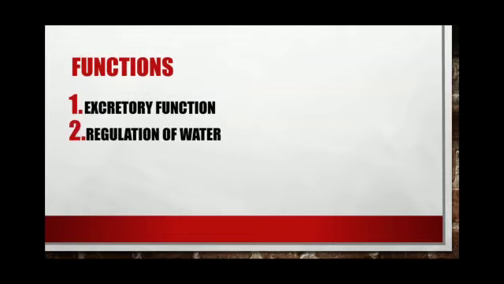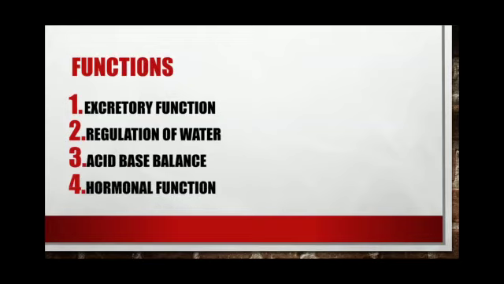Regulation of water and inorganic ionic balance, and we will discuss these functions in detail in the upcoming chapters. Regulation of acid-base balance and hormonal regulation. Why hormonal regulation? Because the kidney secretes major hormones like renin, calciferol, and erythropoietin, which are further discussed in upcoming chapters.